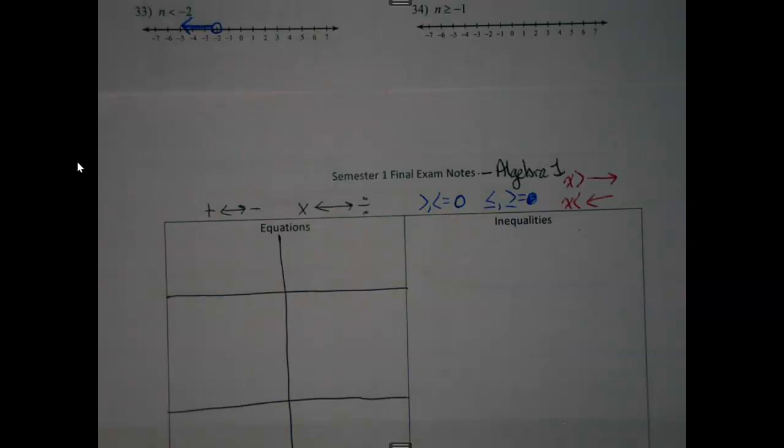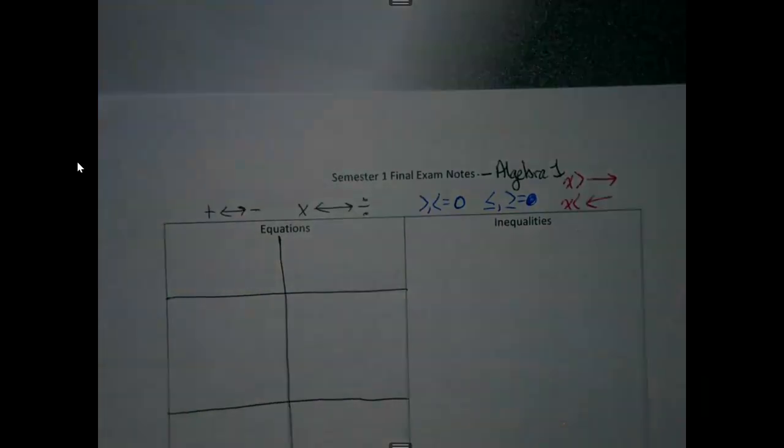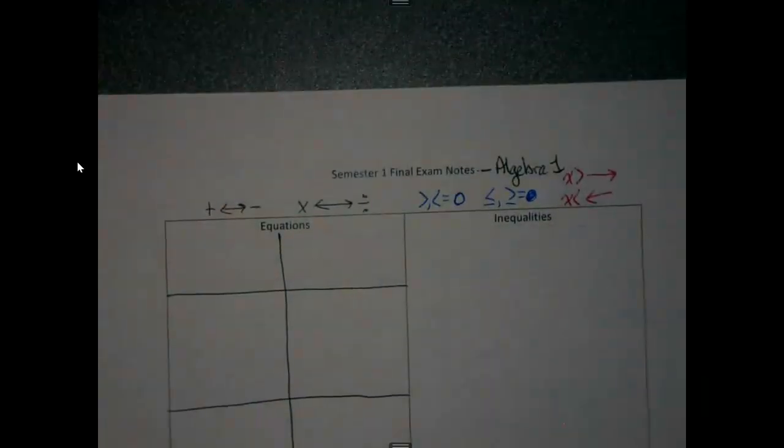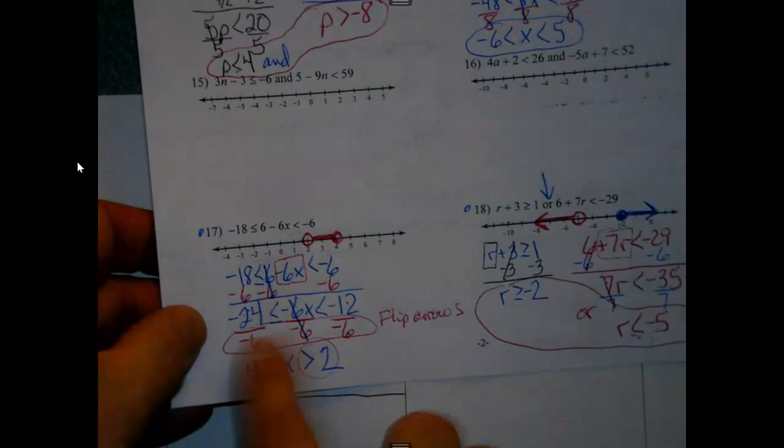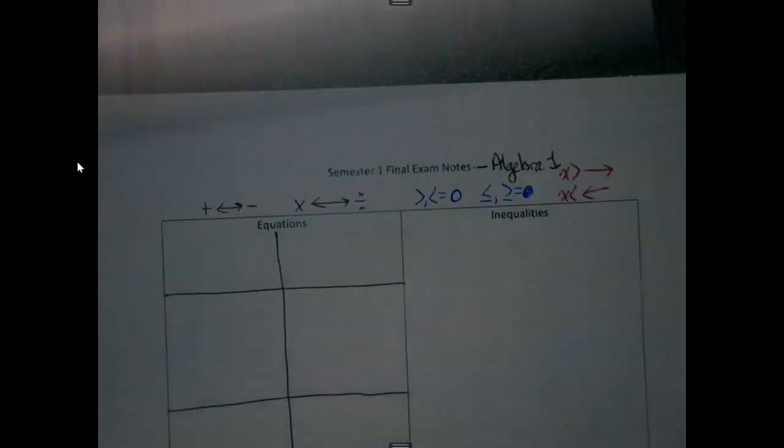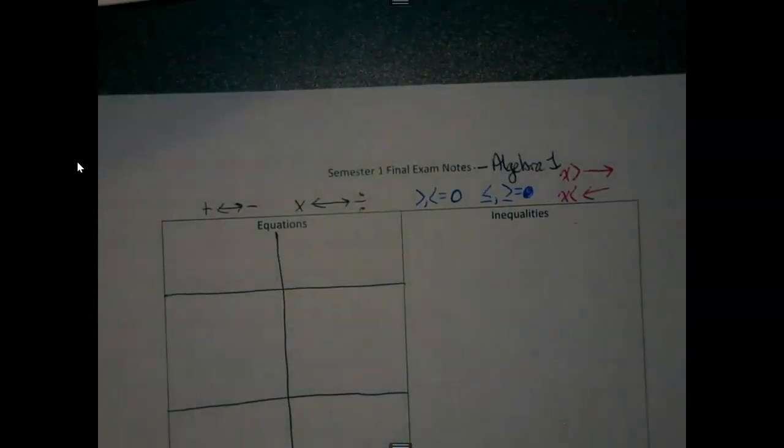But if you see a problem, I heard a couple of you talking as we were going, that you're like, yeah, that kind of is going to tell me a lot of stuff. So maybe I want to have that in here. So maybe you get a problem like 17 where you're flipping the arrows and stuff, and you're going to want to do that. Oh, I didn't even do that. Let me do that too.